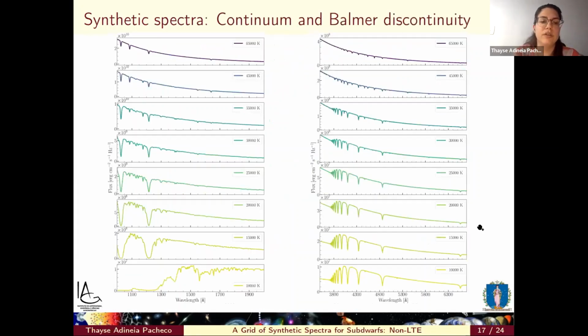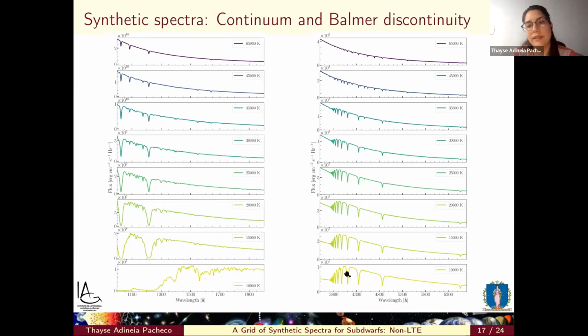And showing this zoom in continuum and Lyman and Balmer lines. And we can see these helium lines for the hotter spectra, and the Stark broadening is more important for the cooler stars.